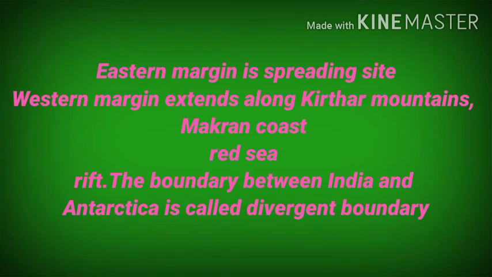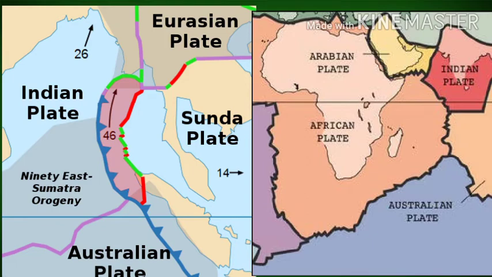If we see the movement of the Indian plate direction-wise, the eastern margin is a spreading side and the western margin extends along the Kirthar mountains, and the boundary between India and Antarctica is known as a divergent boundary. In ancient times, India was a large island situated off the Australian coast in a vast ocean.